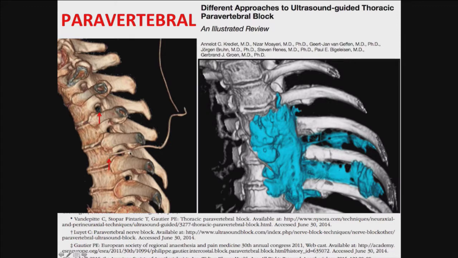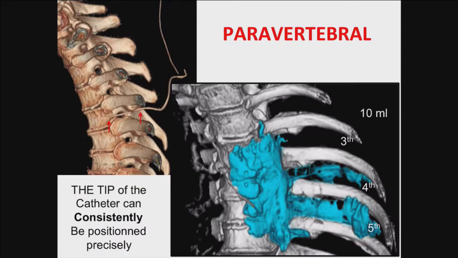You see that it is always possible to insert a catheter once you have learned the technique, and once you are confident, it is extremely easy to put these catheters, reproducible. So the tip of the catheter can consistently be positioned extremely precisely facing the foramen.